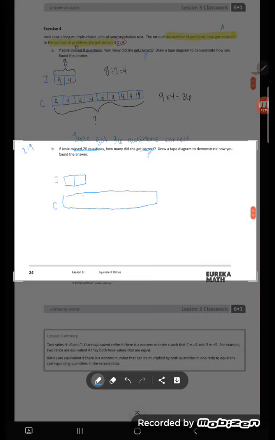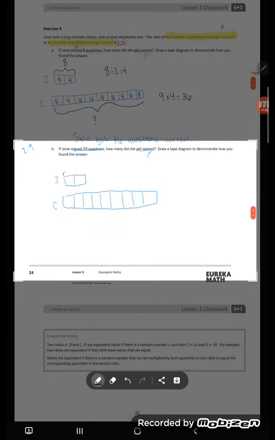Kind of counted out so they were somewhat even. 2 to 9.